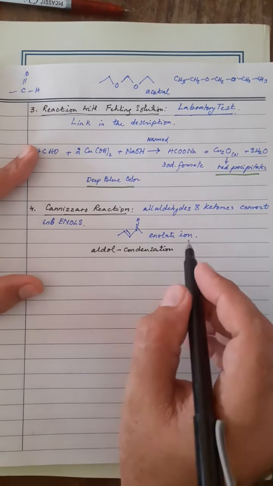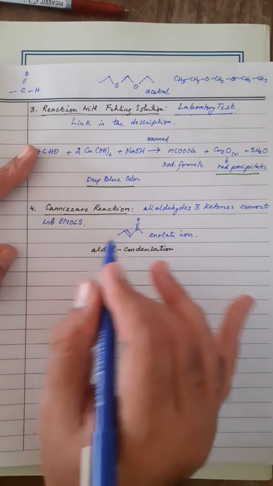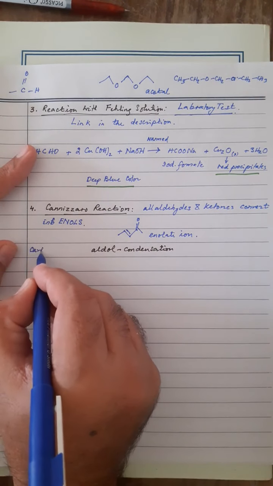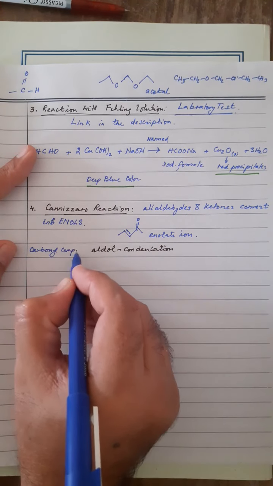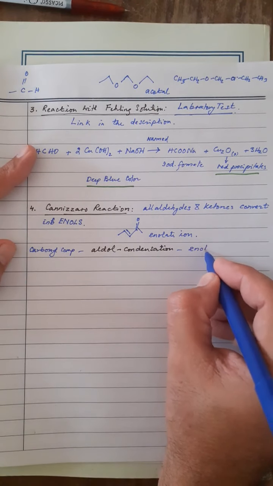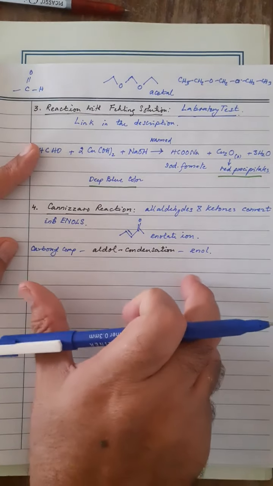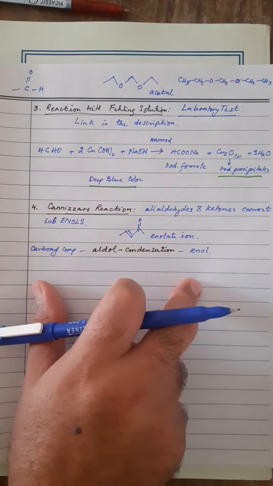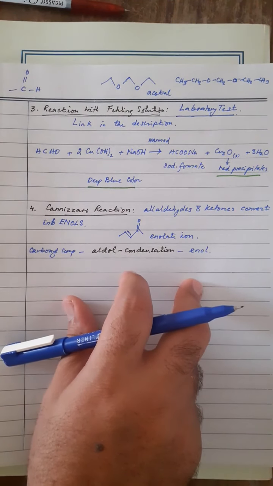Aldol condensation is a process in which aldehydes and ketones, or carbonyl compounds, convert into enols, compounds with an alkene and also a carbonyl. So this is done for all aldehydes and ketones, but formaldehyde does not do that. This is a simple test between formaldehyde and acetaldehyde.